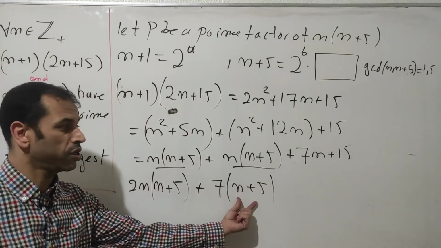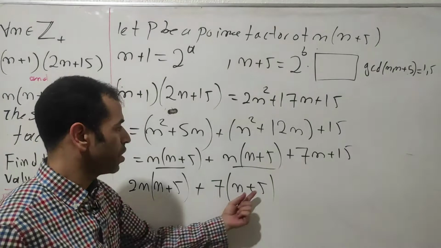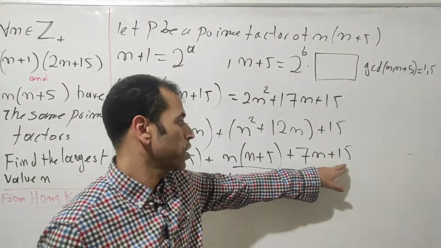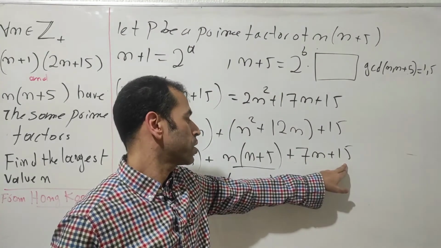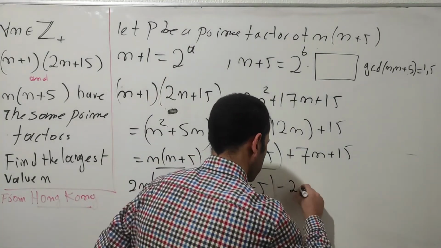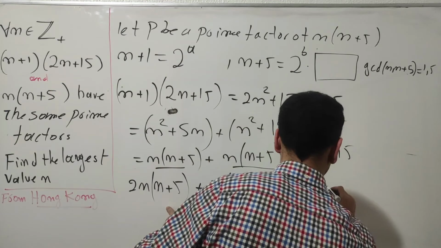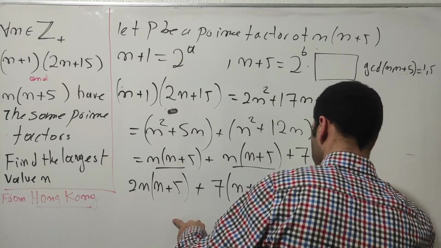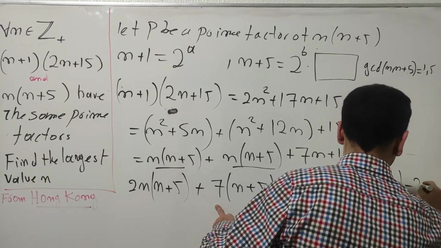Another common factor is coming up. We get 7n here, plus 35, but we have 15 here, so we need to subtract 20. So we get n plus 5 factor 2n plus 7, minus 20.